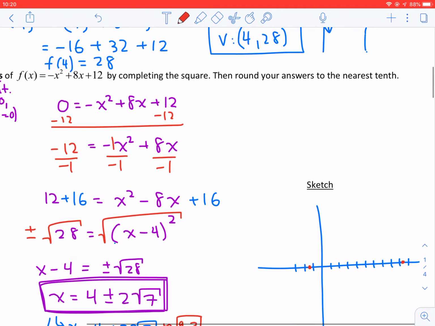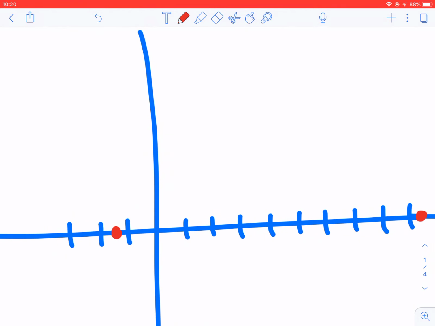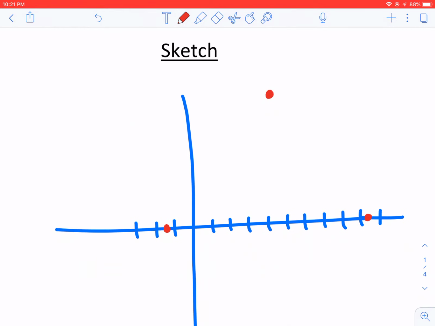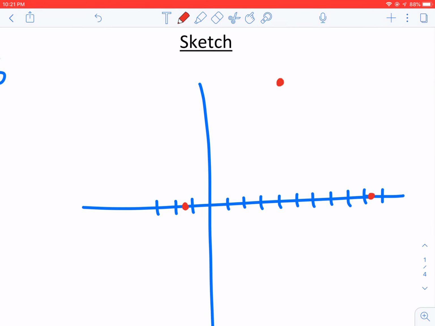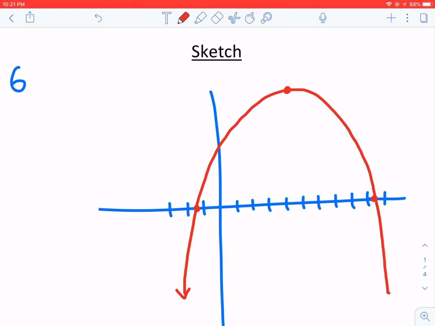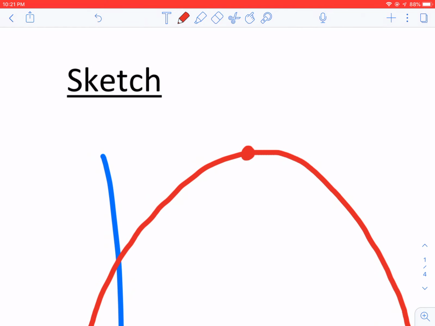And my vertex was at (4, 28). So 1, 2, 3, 4. And let's make 28 somewhere over here. It's just a sketch, so it doesn't have to be scaled accurately. You don't have to draw 28 tick marks. You also don't have to scale the x and y axis by the same amount. But connecting those dots, I would definitely label the vertex (4, 28).